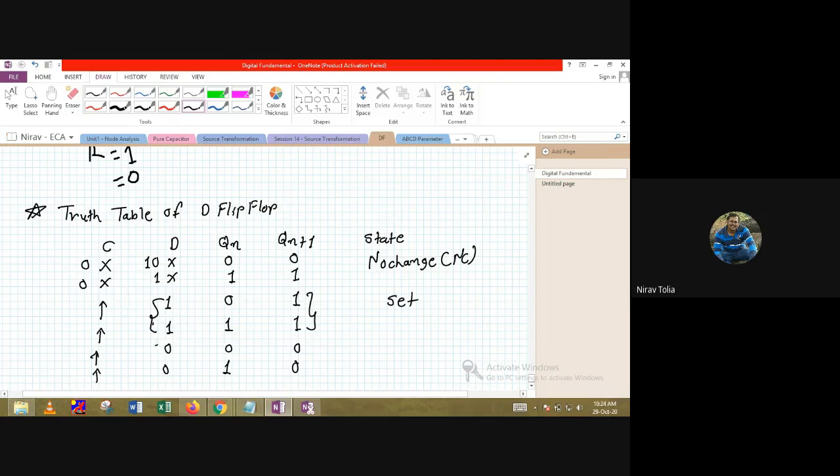So when D is equal to 0, my output is equal to 0, and if D is equal to 1, my output is 1. When D is equal to 0, the state is known as the reset state, and when D is equal to 1, the state is known as the set state.